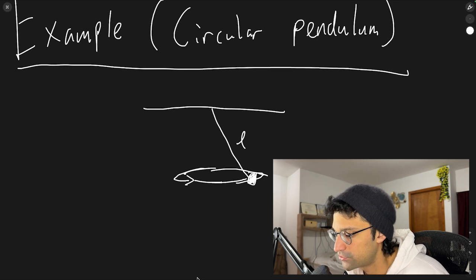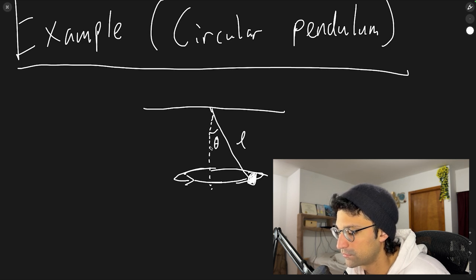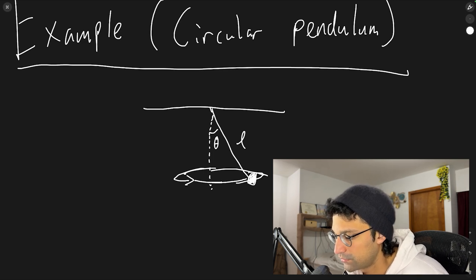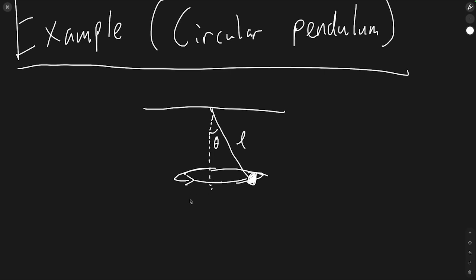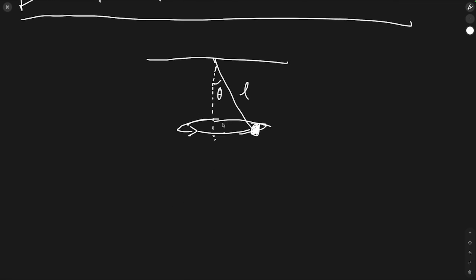The string maintains a constant angle theta with the vertical. We're going to find out that the angular frequency of this motion, that means how many revolutions per unit time, is equal to this.